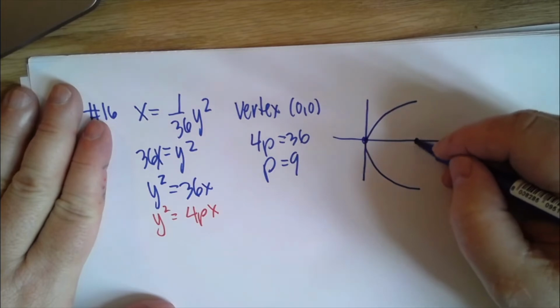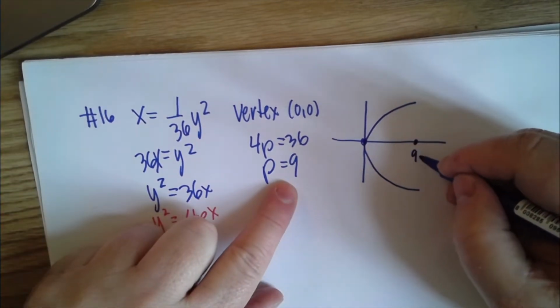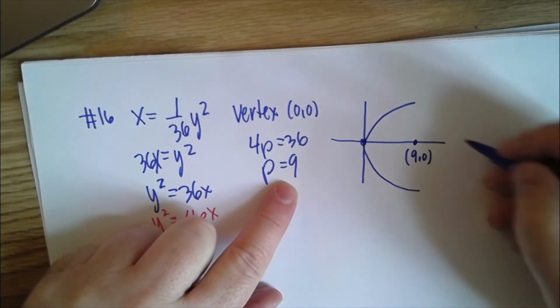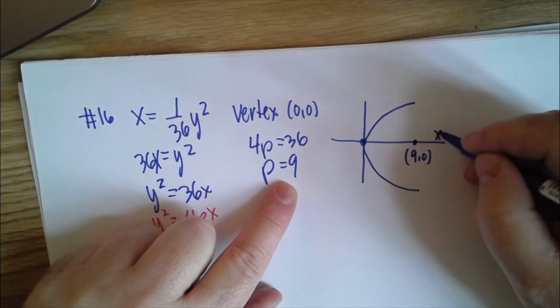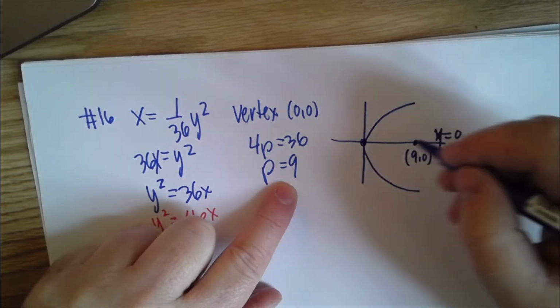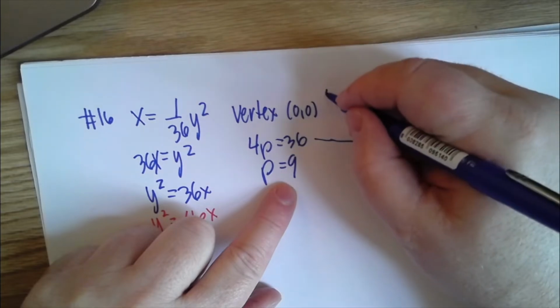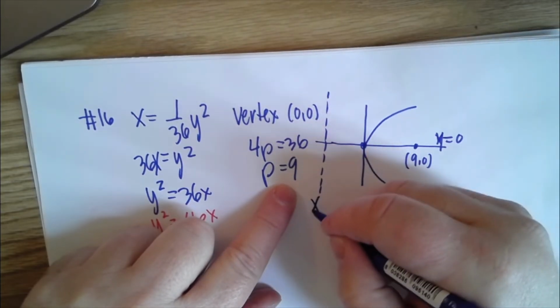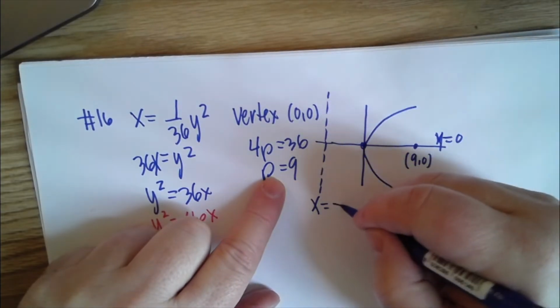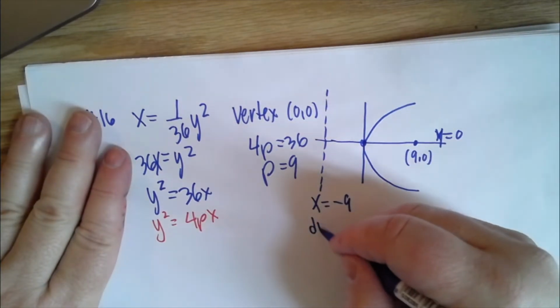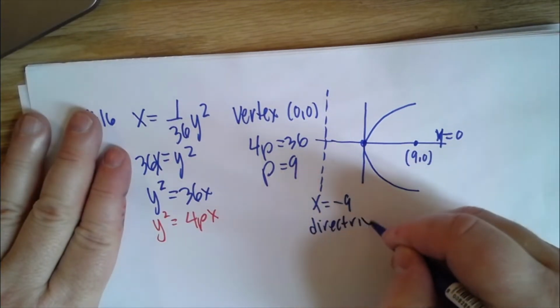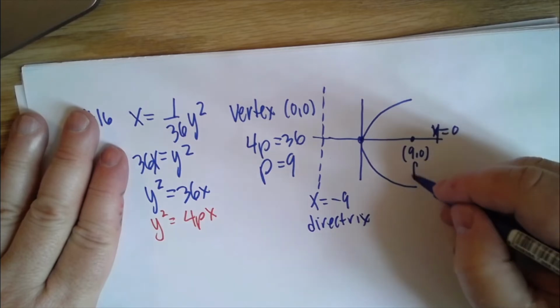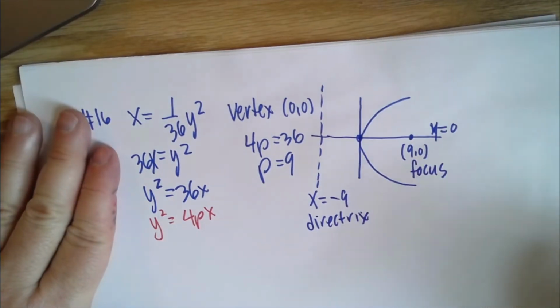That means my focus would be 9 units from the origin, so it would be 9, 0, because my axis of symmetry is y equals 0. And then I go the other direction, and I have this vertical line, x is equal to negative 9. That would be my directrix. So this is my focus, and that is my directrix.